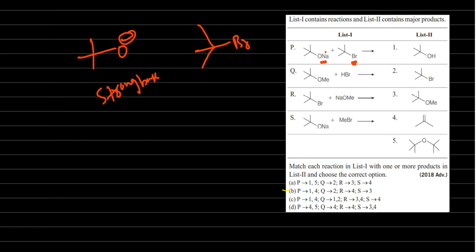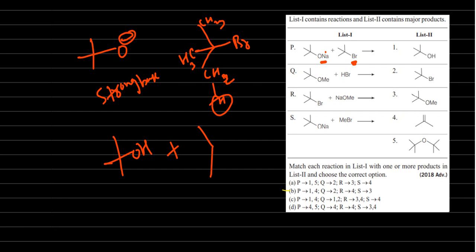Now, the strong base will take a hydrogen from any one of the primary hydrogens. Suppose I am taking the hydrogen from this position, so it will form an alkyl carbanion.